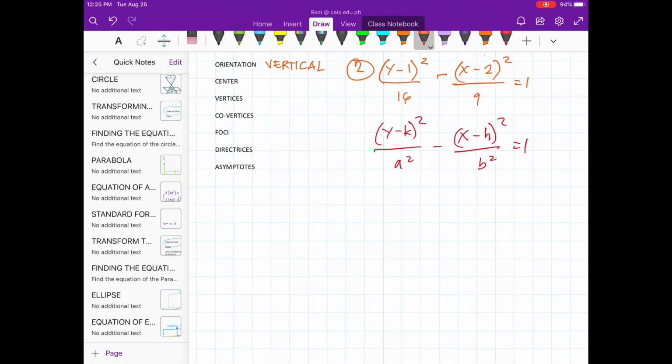The value of h and k tells us the center, which is positive 2 and 1. For the vertices, we need the value of a and b.